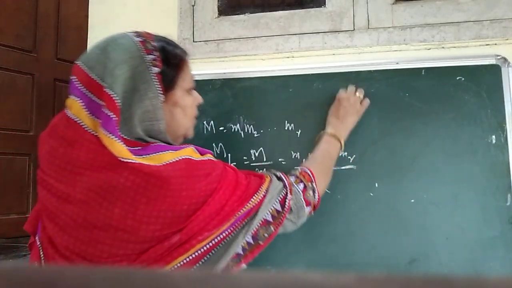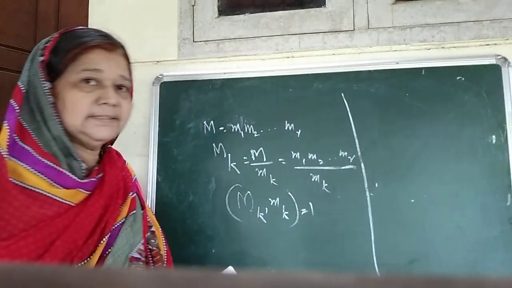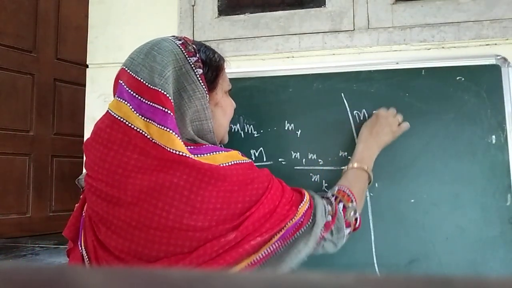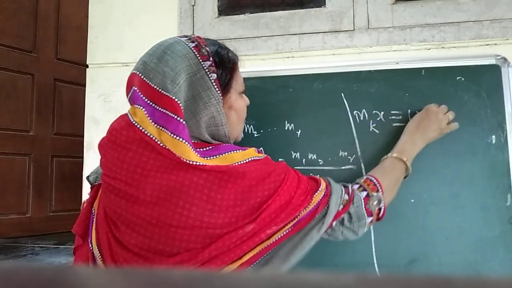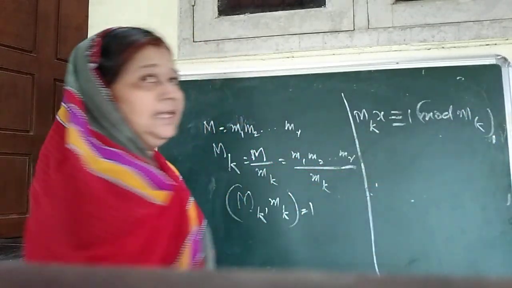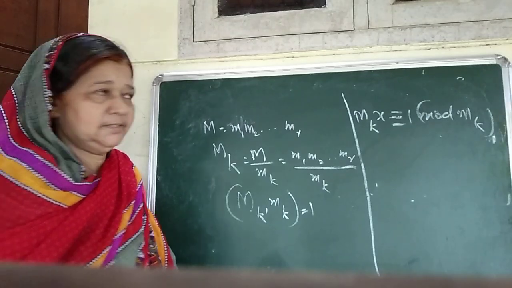Hence we can apply the theorem, that is, the equation capital Mk into x is congruent to 1 mod mk has a unique solution. Let it be capital Mk dash.